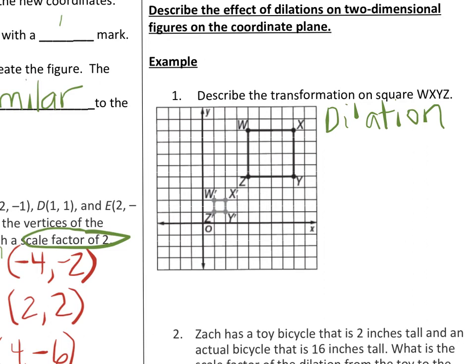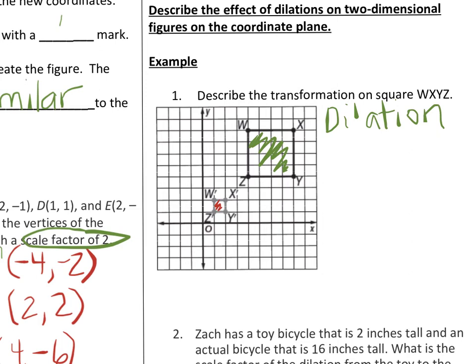It can't be a rotation or a translation or a reflection, because those would be congruent. The hardest thing to do here is figure out what the scale factor is. Now I know that the original figure is bigger than the new figure, so I know that the scale factor has to be a fraction. It's got to be something less than 1.